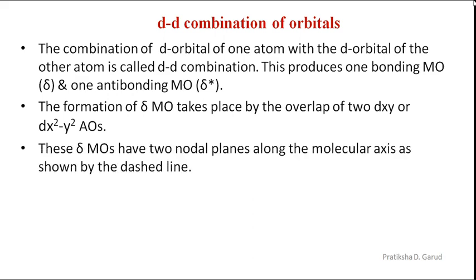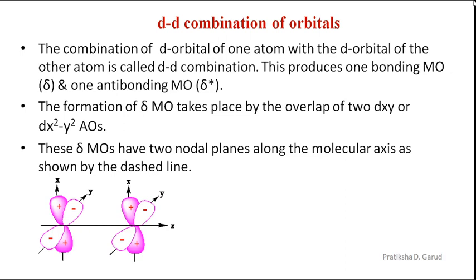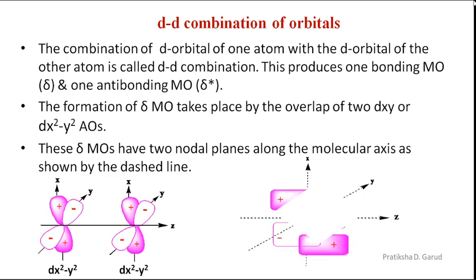These delta MOs have two nodal planes along the molecular axis. So we are having the two dx square minus y square orbitals. These are the two dx square minus y square atomic orbitals. They undergo combination and we get the resultant like this.